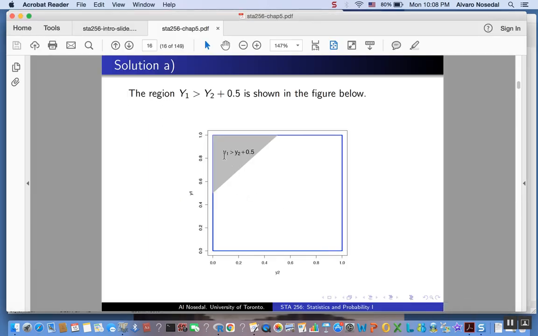Note that y1 is restricted. y1 must be greater than y2 plus 0.5, and it goes from this line up to 1, right?